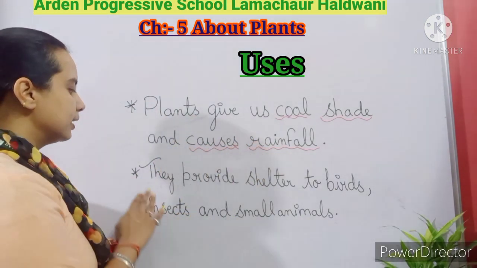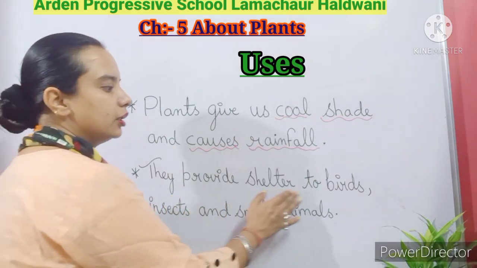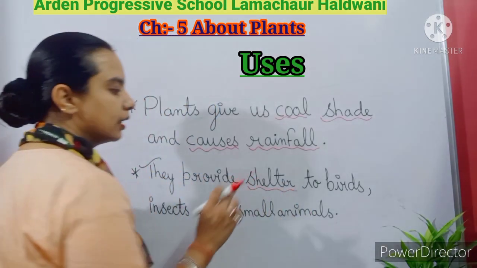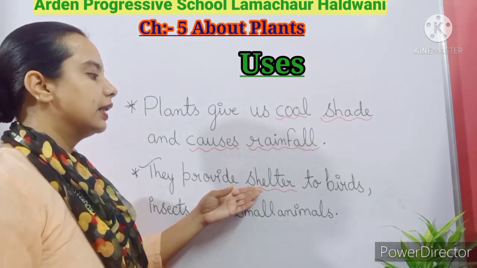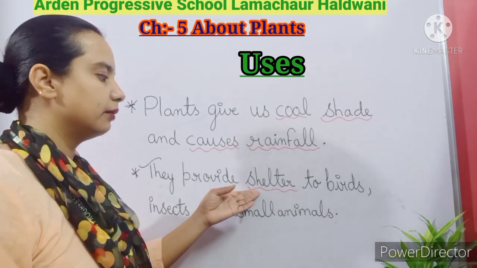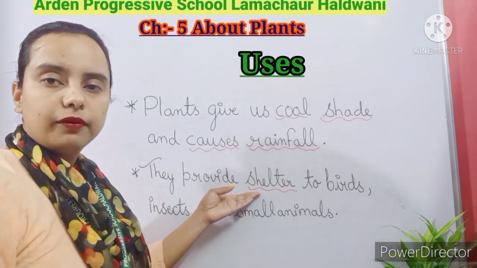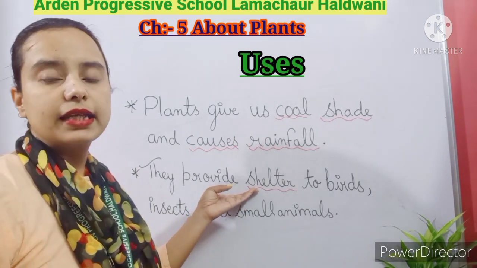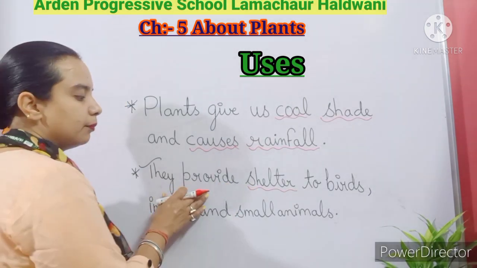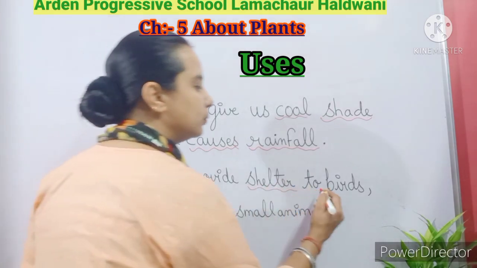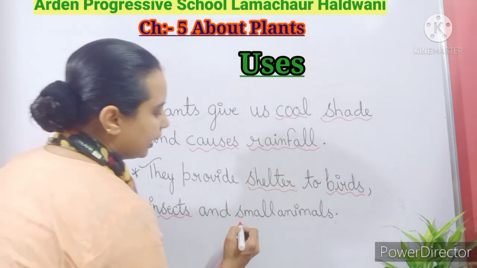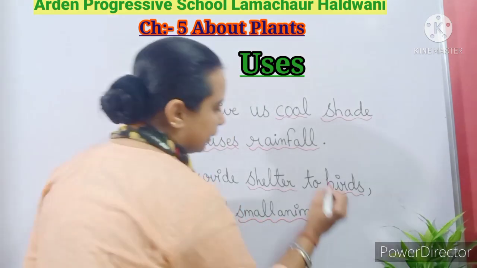Next, they provide shelter to birds. Now what is shelter? A place where animals, birds or humans live is known as a shelter, the place to live. We can also say a house. So the plant provides shelter to birds, insects and small animals.